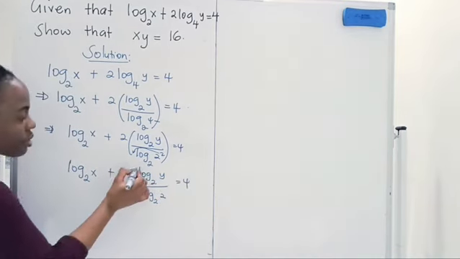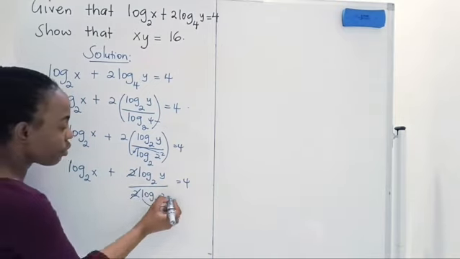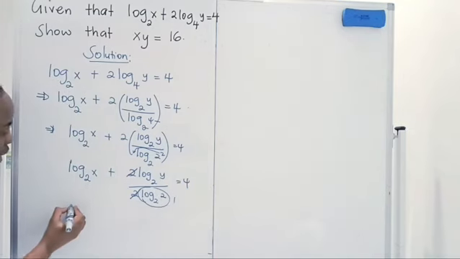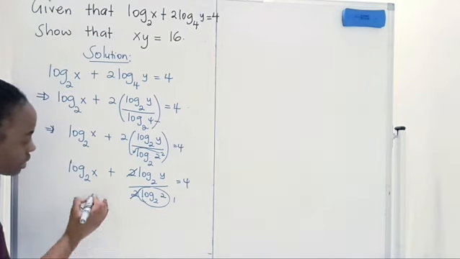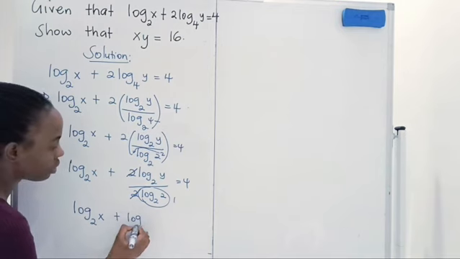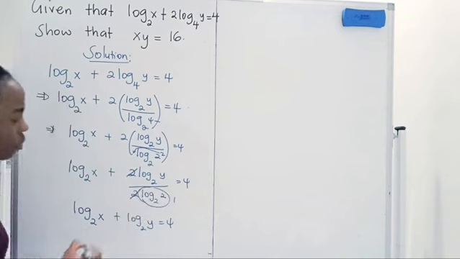Okay, this 2 will go with that 2. Now log 2 of 2, we know that it is 1. So I will have log 2 of x plus log 2 of y is equal to 4.